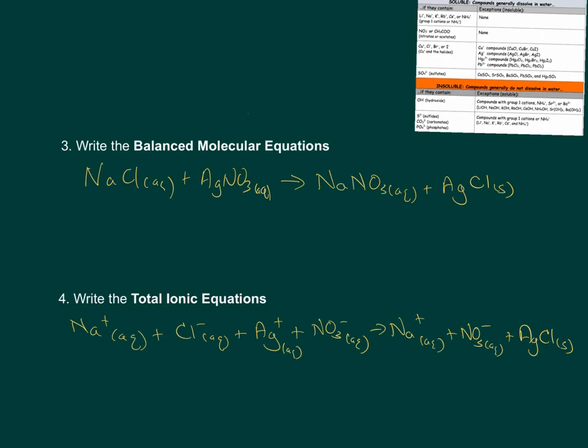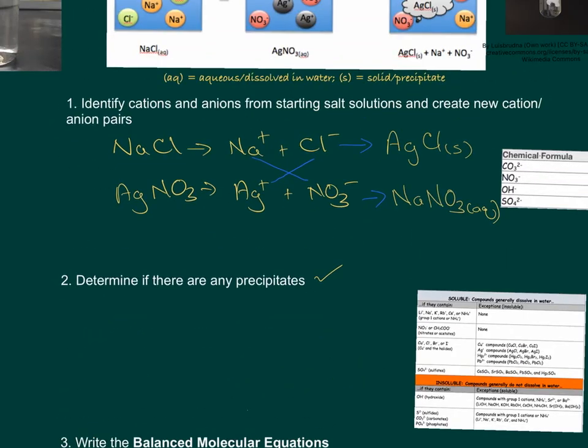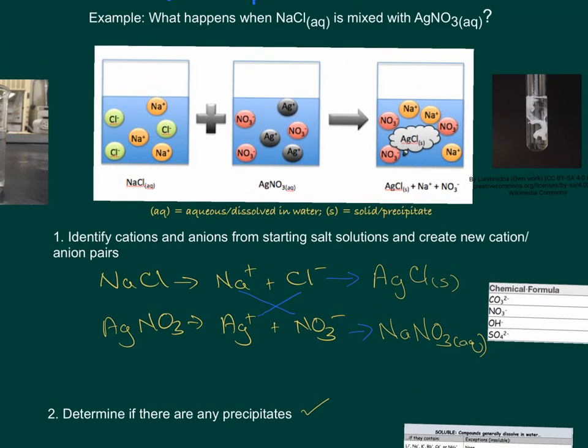So if you go back to our cartoon image here, you see that the total ionic equation really represents what really happened, since the sodium chloride is broken up into its cation and anion pairs, as is the silver nitrate. And then when we form the solid precipitate, the AgCl solid, you also have the sodium and the nitrate left floating around in solution.